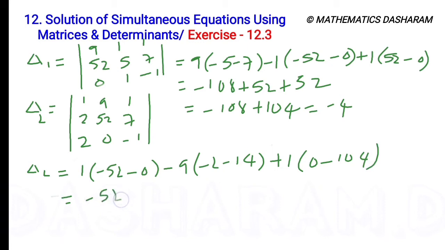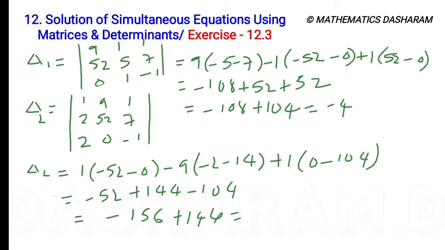So it is minus 52, and minus 2 minus 14 is minus 16, minus 16 into minus 9 is plus 144, and 0 minus 104 is minus 104. So minus 52 minus 104 is minus 156 plus 144, which is minus 12. That is delta 2.